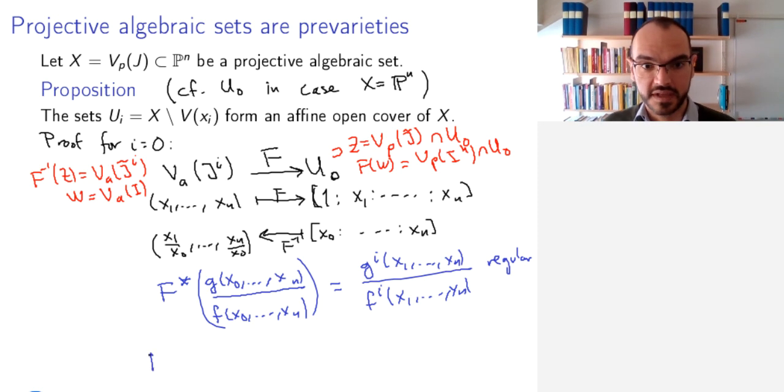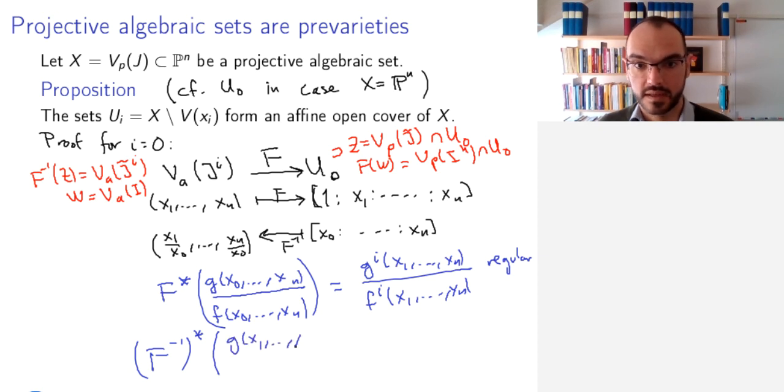And conversely, if you take the inverse of f and take its pullback of some function g(x1, ..., xn) divided by f(x1, ..., xn). So now this is a regular function on the left-hand side, and we pull it back with the inverse.